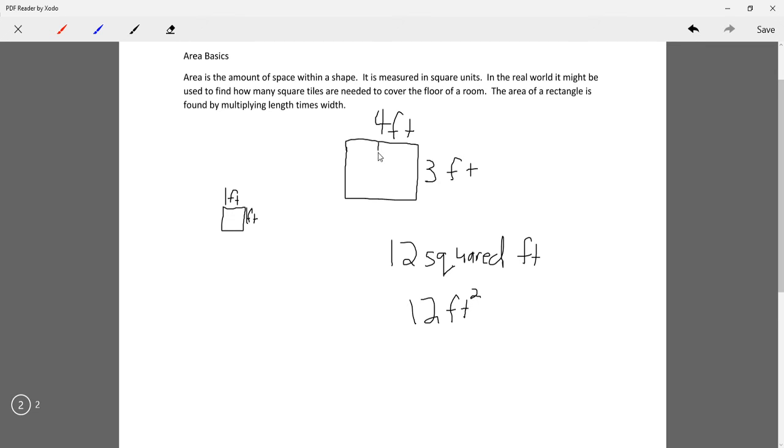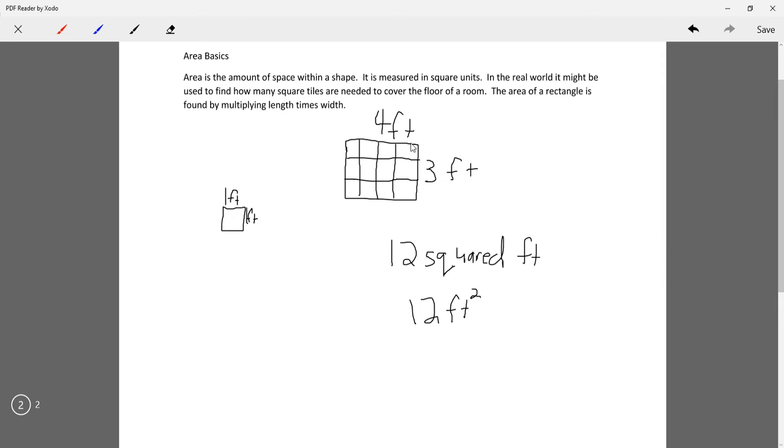So if this is 4 feet, let me just imagine that this is a perfect grid that I'm drawing. I know it's not perfect, but it's close enough. You guys get the point. So this is 4 feet, so I split it into 4 columns to show the 4 feet.